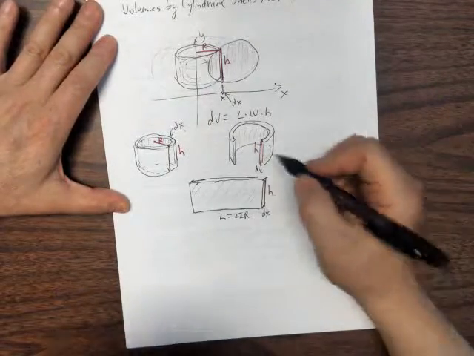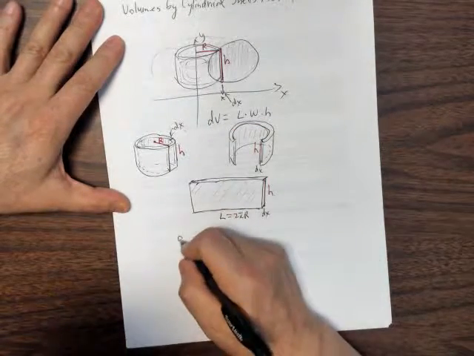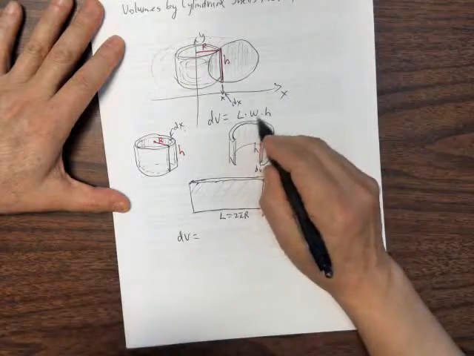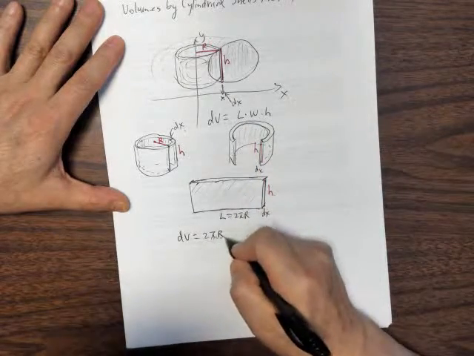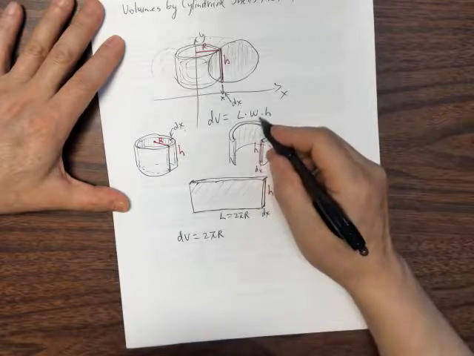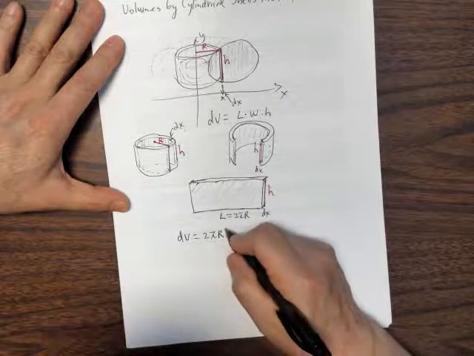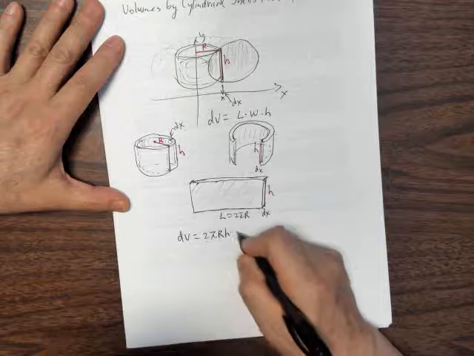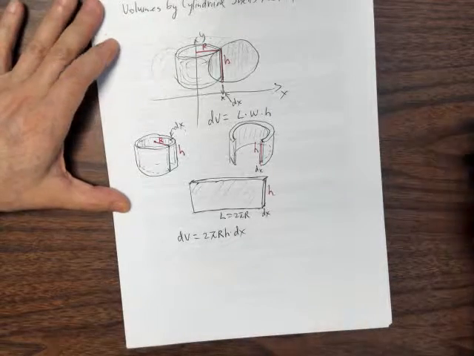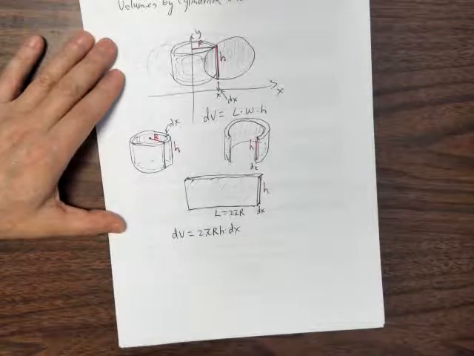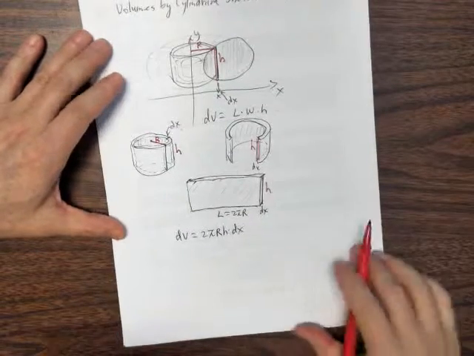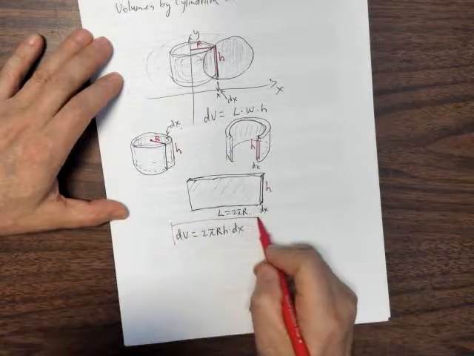So our dV equals the product of those three. Length 2 pi r, height h, and width dx. So this is the formula for the volume of a shell.